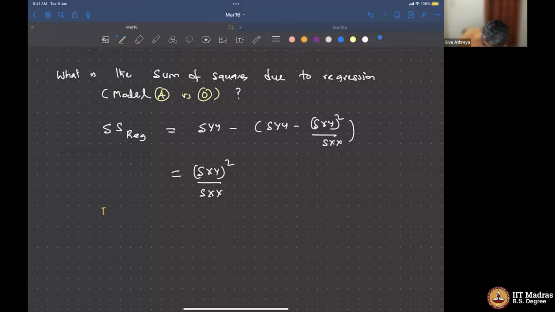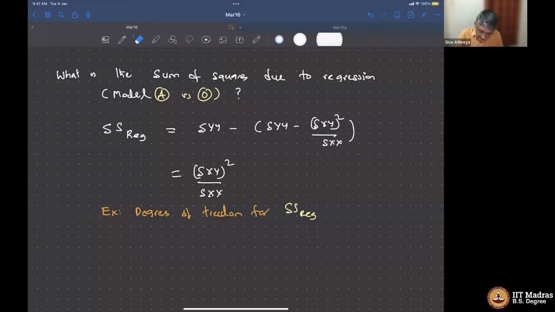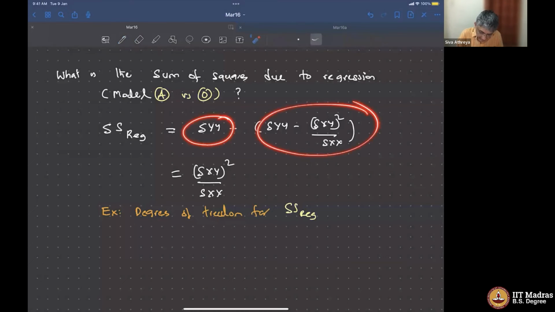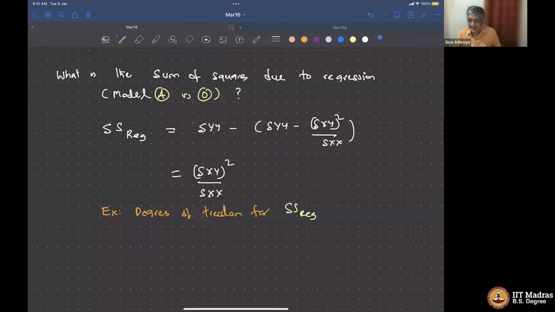Here, as a simple exercise to check, what is the degrees of freedom for SS reg? The first had n minus 1. This one has n minus 2. If I subtract the two, I get n minus 1 minus n minus 2, and I just get 1.